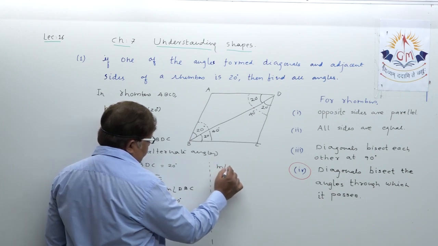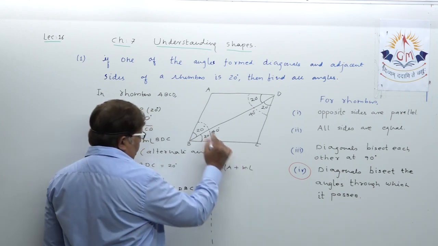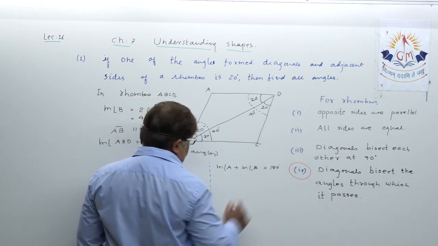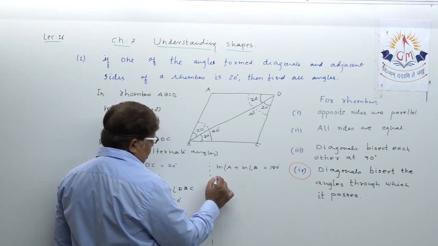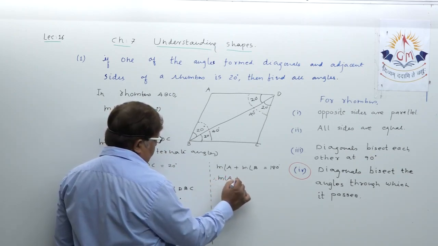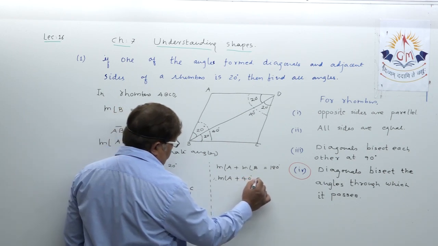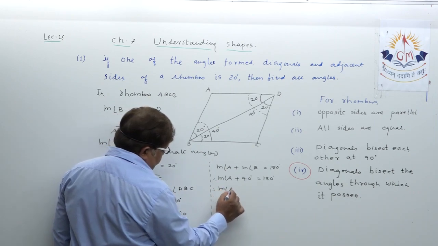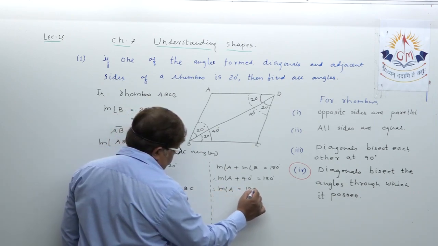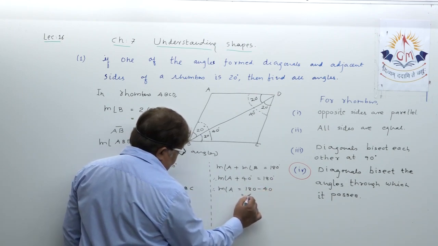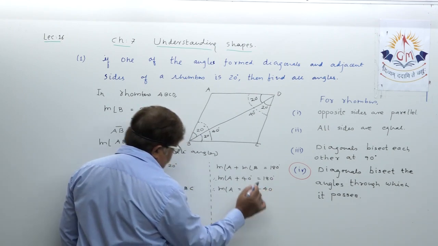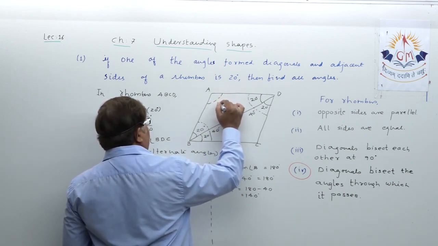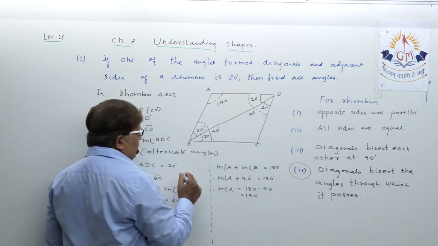Measure angle A plus measure angle B equals 180. Measure angle A plus B, that is 40, equal to 180. So measure angle A equal to 180 minus 40, that is 140 degrees. Okay, dear student. So you got angle A is 140 degrees.